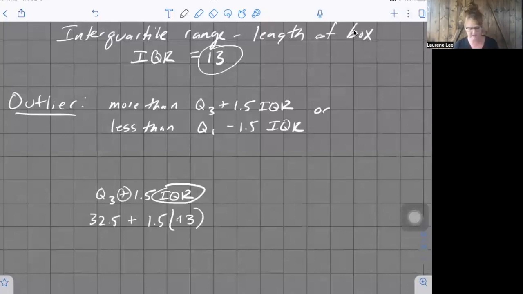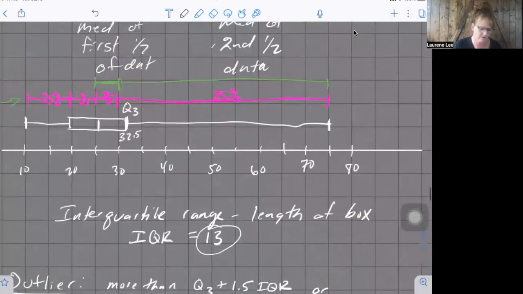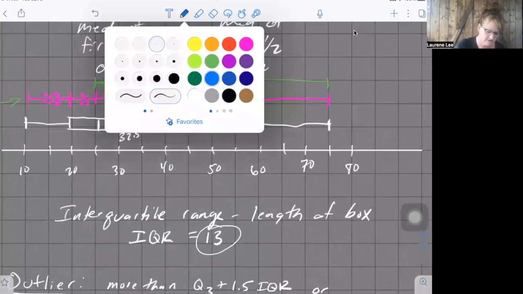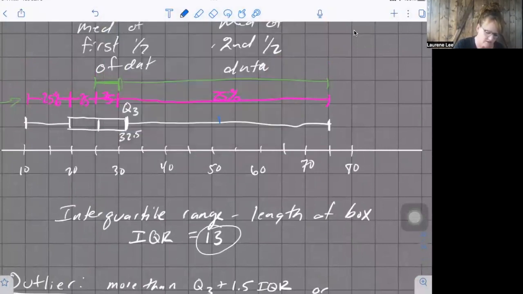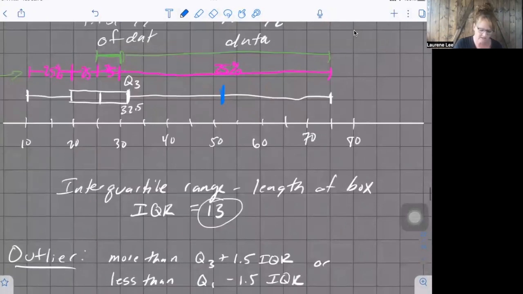Hold on, let me do it again. Plus 1.5 times 13, 52. Okay, so let's go up here on our picture and look where 52 is. That's like, say, right here. So what this is saying is anything more than that number, so anything from here up, is considered an outlier.